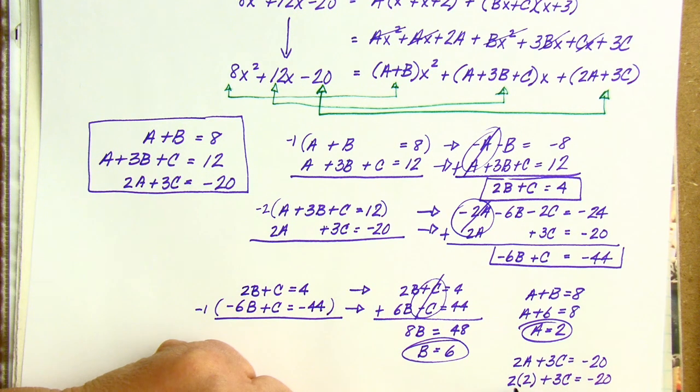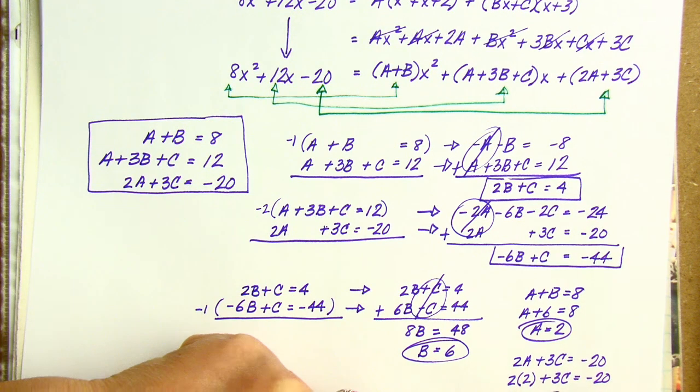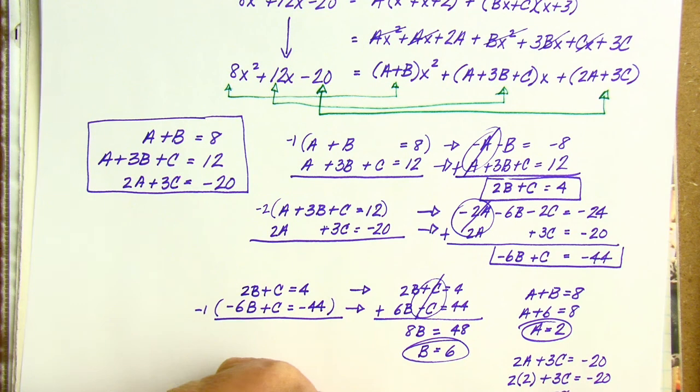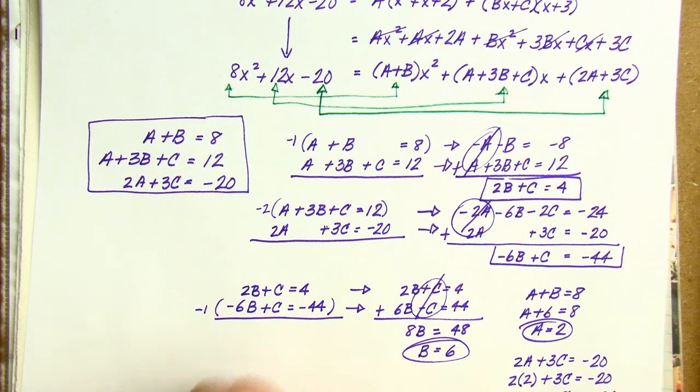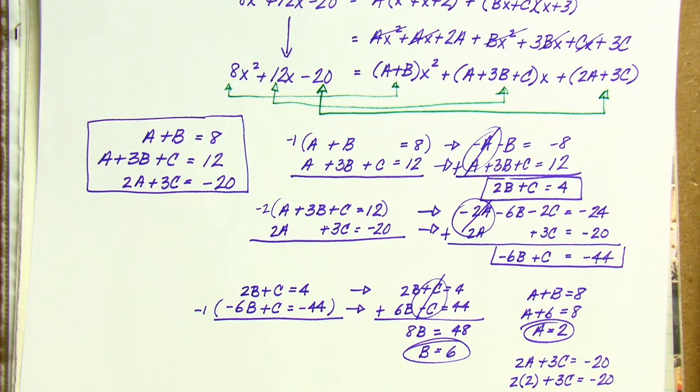All right, this is 4. I'm going to subtract it. So 3c equals negative 24. So c is negative 8. All right, I've got my a, b, and c.